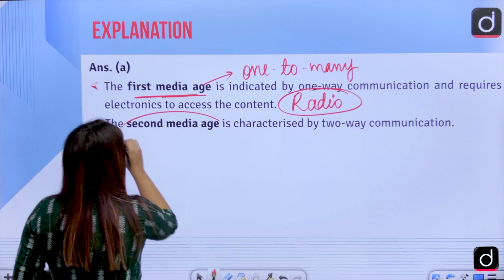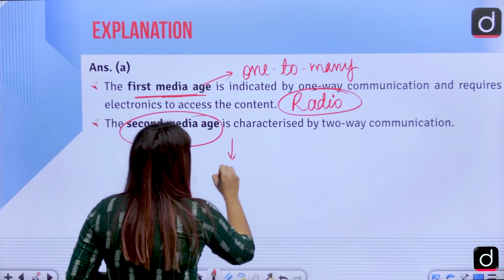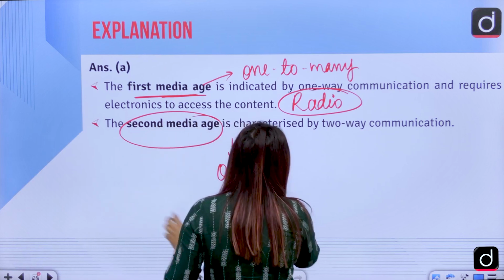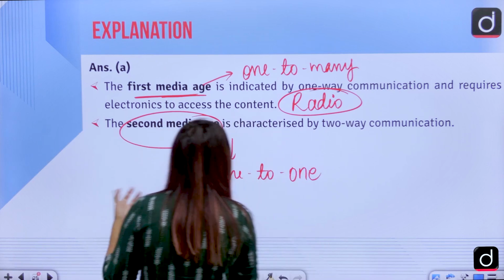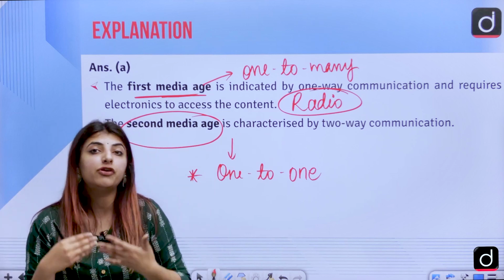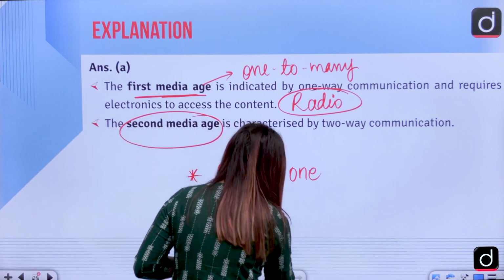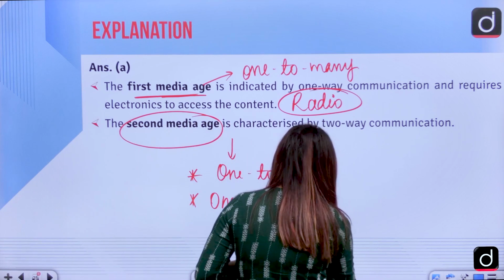If we talk about the second media age, two-way communication. So it could be one-to-one. For example, we have our WhatsApp video calls or calls, right? Which are being used through the internet, or one-to-many, which could be what?